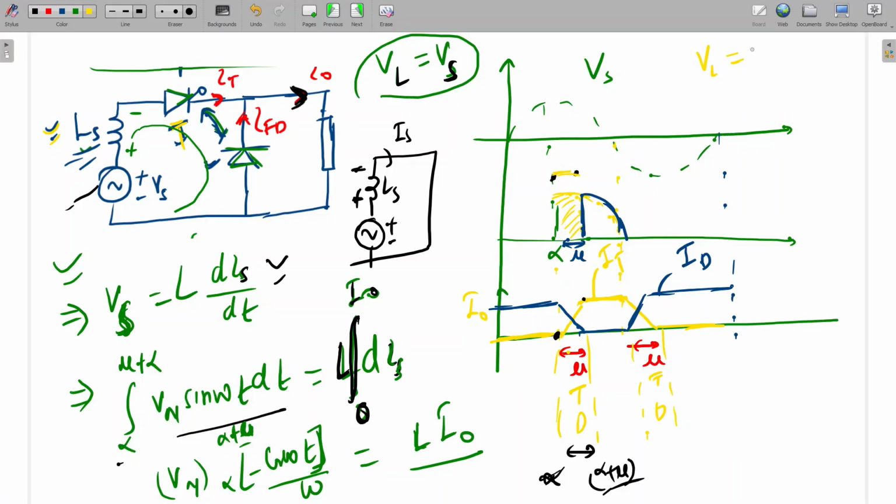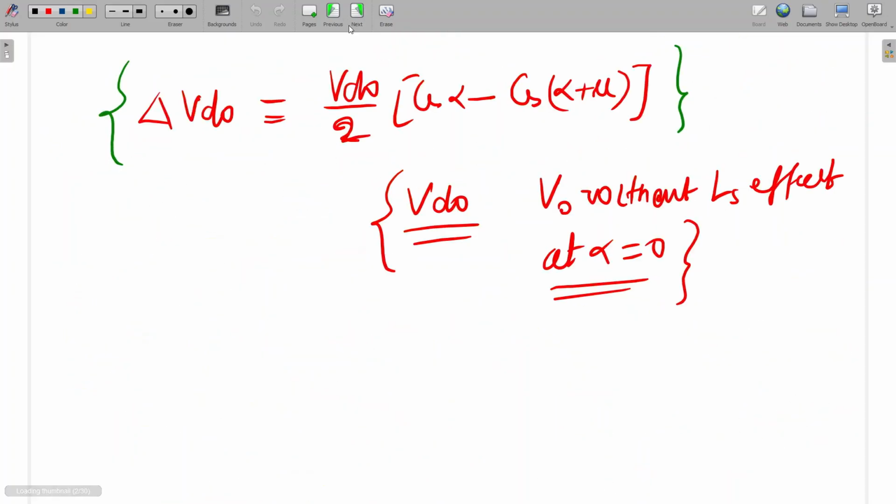This equation we are using, and this equation itself has dt, so with respect to this equation we are doing the integration. So here Vs will be integrated with respect to dt only, but the actual limit is an angle, because omega t means angle. So for omega t, we put the limits as angles only, alpha to alpha plus mu. Is it clear? Yes, sir.